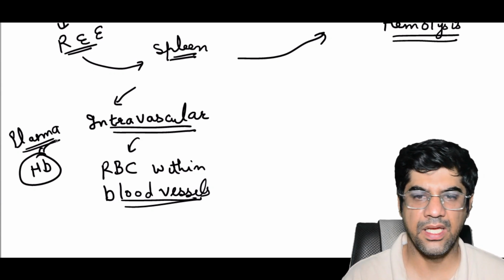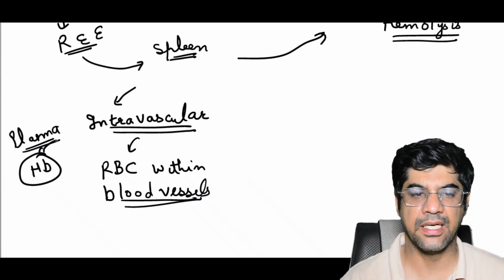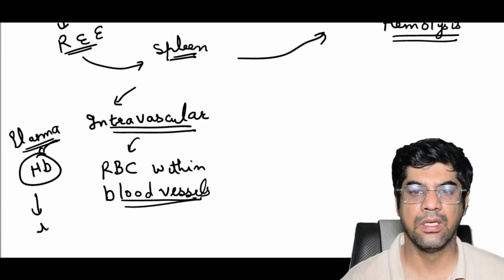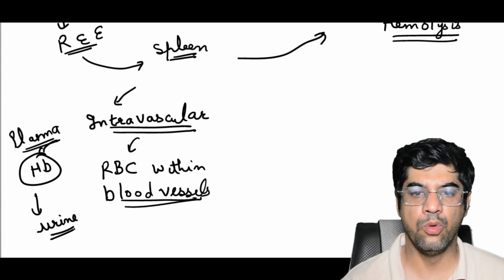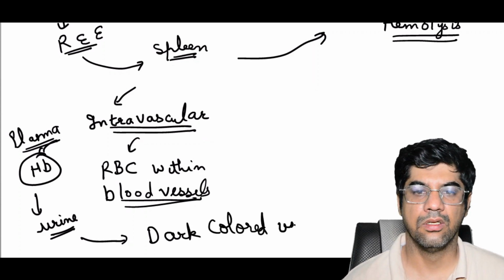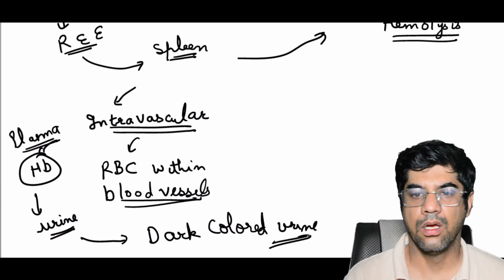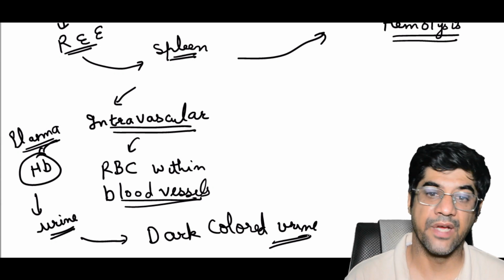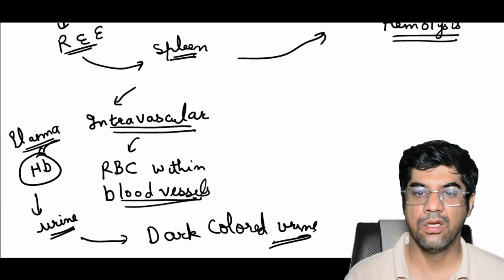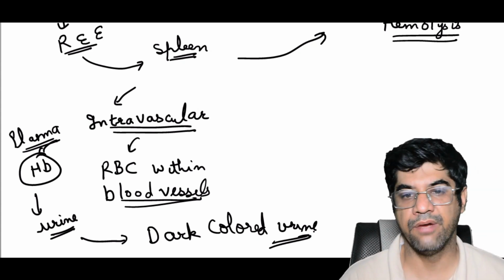Excess free hemoglobin is filtered by the kidneys and excreted in the urine, leading to hemoglobinuria that causes a dark color urine. So what could be the cause? There could be mechanical trauma, toxins, severe infections, etc.